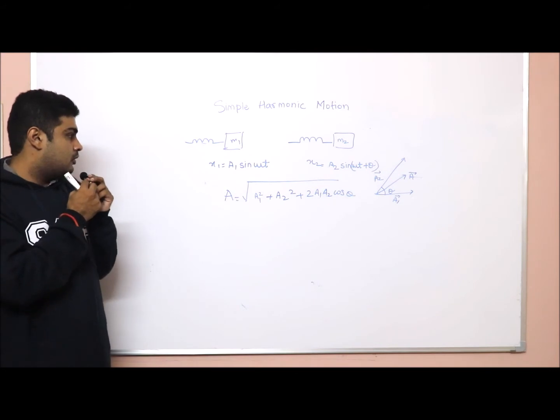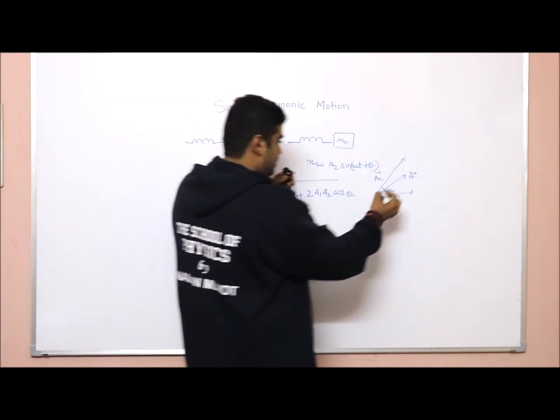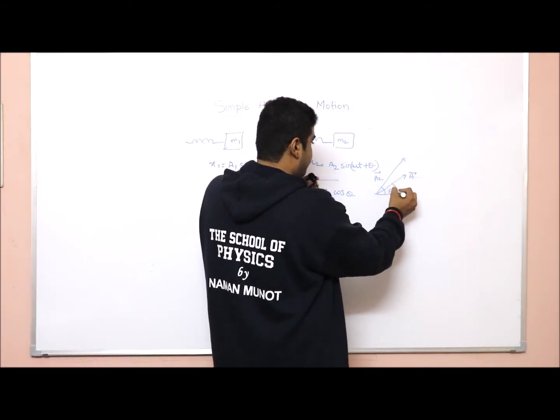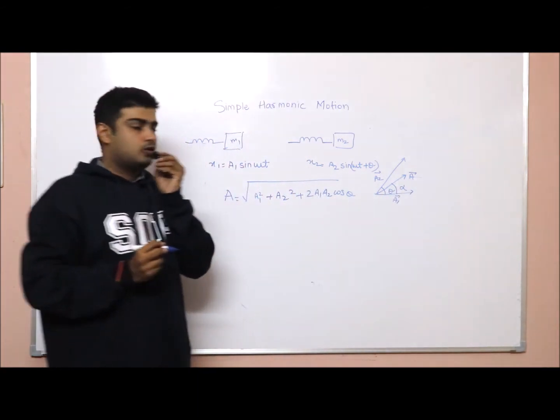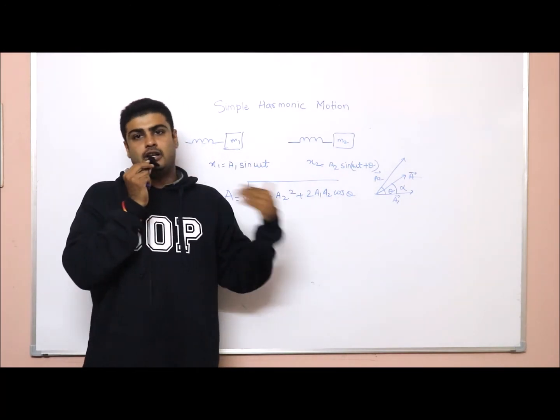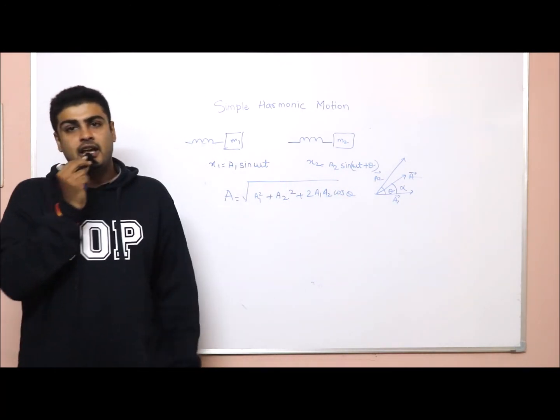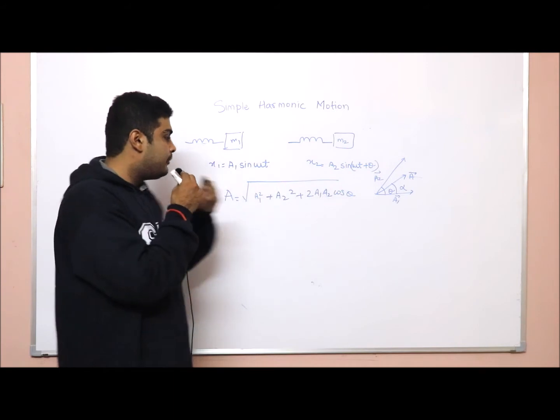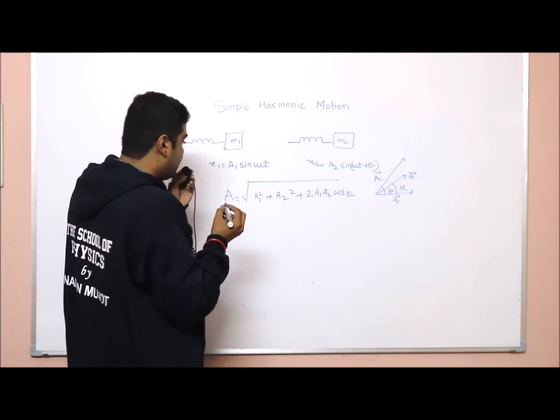But what will be the angle alpha? To locate a vector, we need the magnitude and also the angle. So what will this angle alpha be?